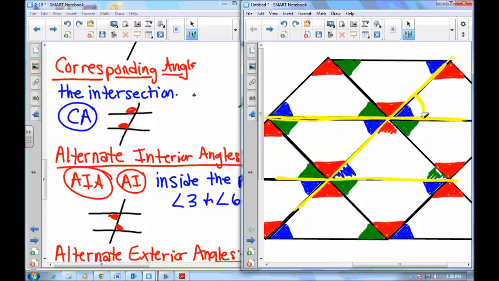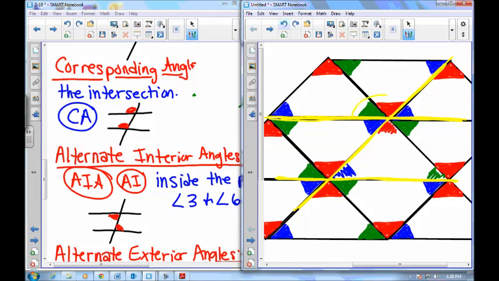Guys, correspond means it has the same position. Here I'm picking the top right, so which angle for our lower angle? Sean? Has to correspond to the same place of the intersection. Top right. Oh, the bottom intersection's top right. That one? Yeah. Look at those two. What do you notice? Oh, interesting.